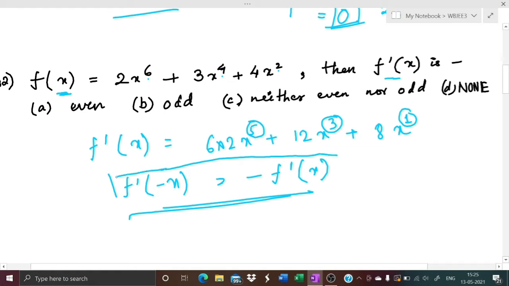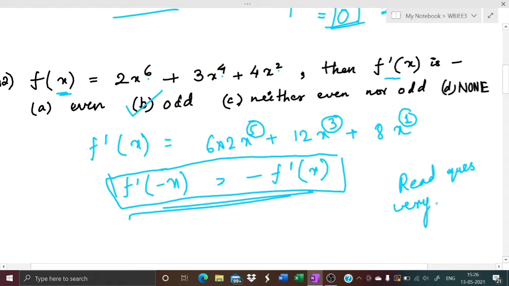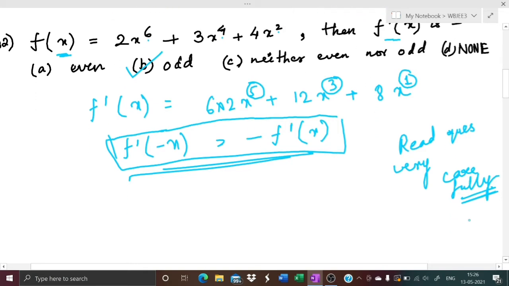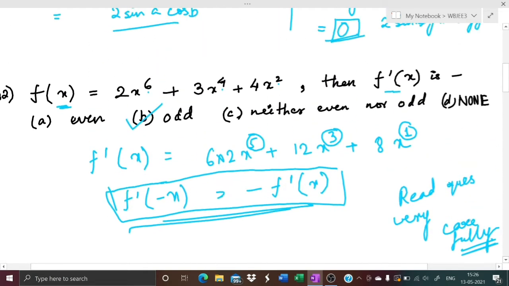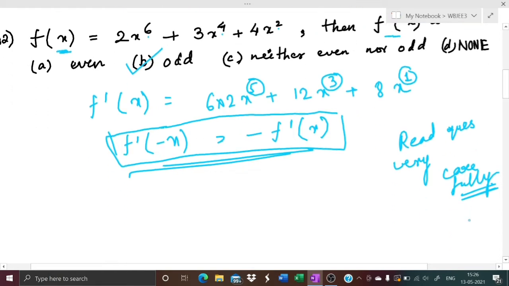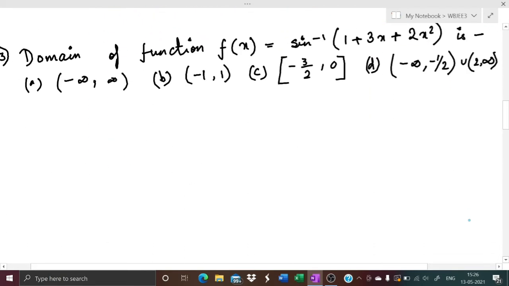So read the question carefully. If you overlook this derivative, you will come up with a wrong answer. Okay, so from here read the question very carefully. Fine, this was an easy question. I gave this because you have to be very concentrative.